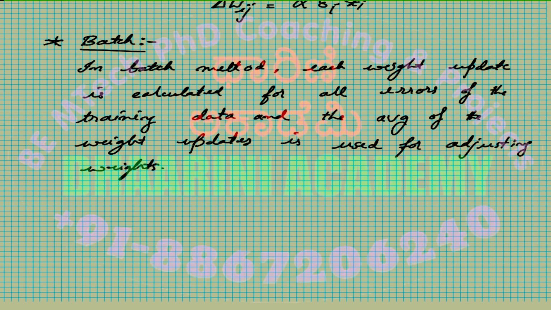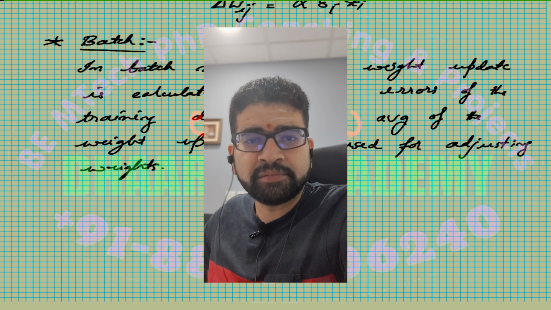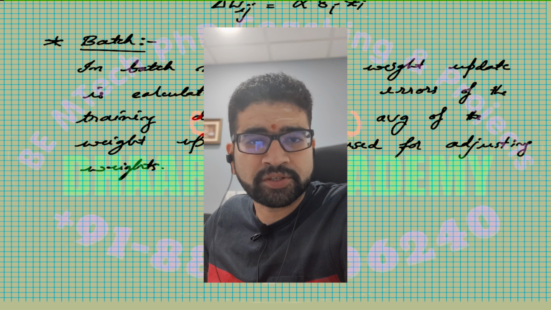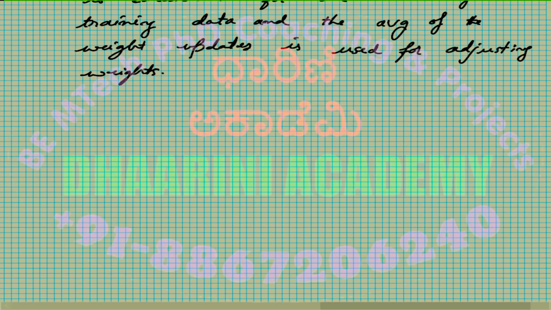Now this method uses all the training data and updates only once, right? The complete data set that you have given as a batch will be considered as one data point and gets updated only after that much of the data gets processed during the training. This is another very important point.